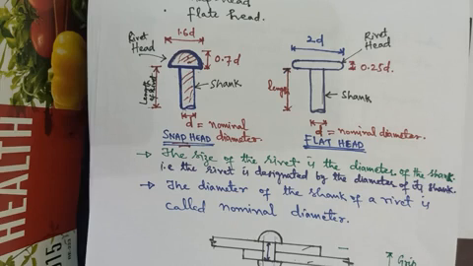Because of the low strength of the rivets, a large number of holes need to be punctured in the plates to be connected. So the net cross-sectional area of the plates gets reduced. As a result, the strength of the joint as a whole gets reduced.